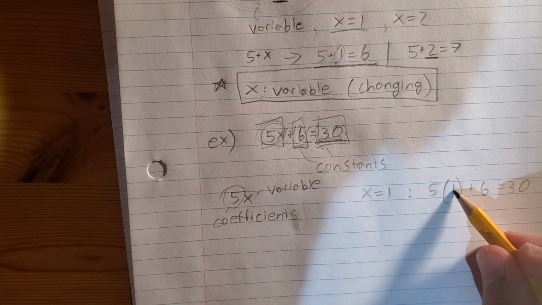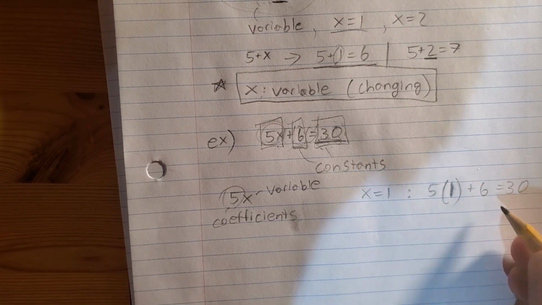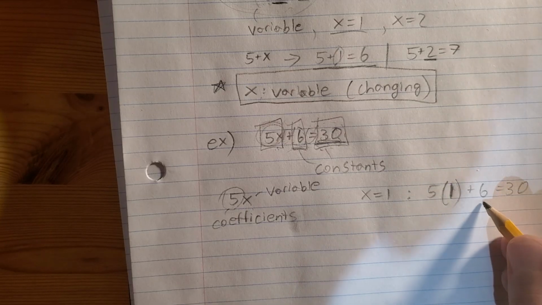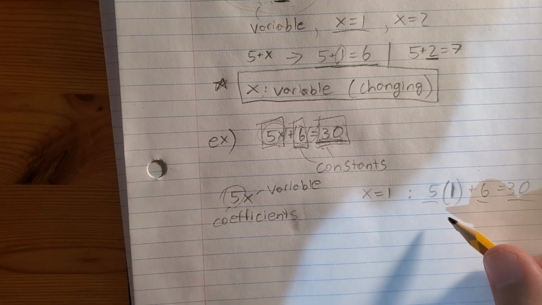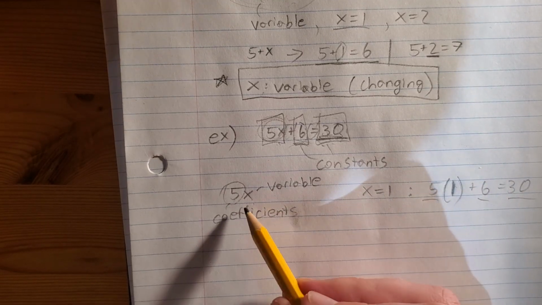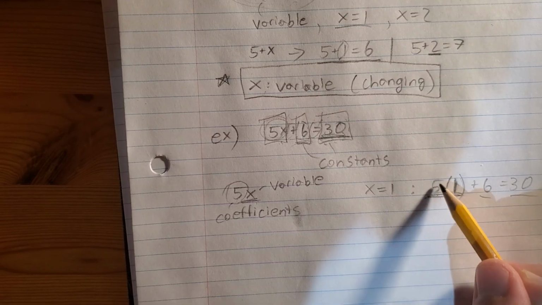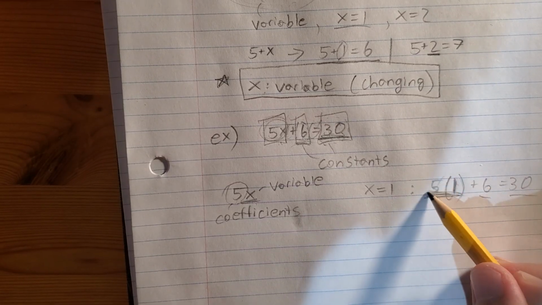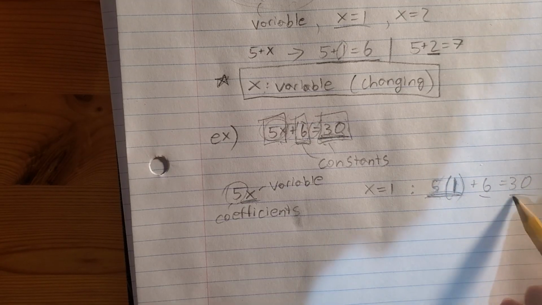But I just wanted to show you we only change the x. Nothing else has an x, therefore we don't put x anywhere else. These are all constants. The 5 is also a constant, but it's on the x, so it's going to be with the x, but it's not actually going to change itself. You know what I mean? This term is going to change because of the x, but these aren't. They're all the same.